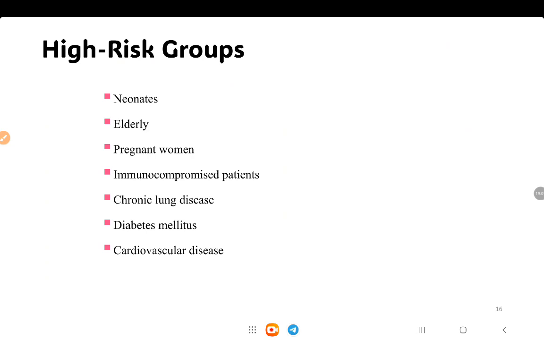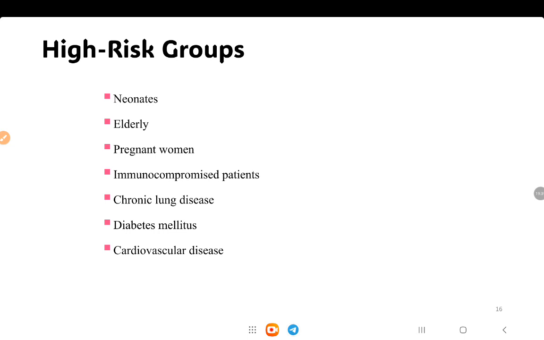The clinical severity of the disease depends on the virus type and host factors, and whether the infection remains in the upper or lower respiratory tract or progresses to another system. This spectrum of disease guides our diagnostic approach and treatment decisions. So the high-risk groups are the neonates, the elderly, and all these groups.